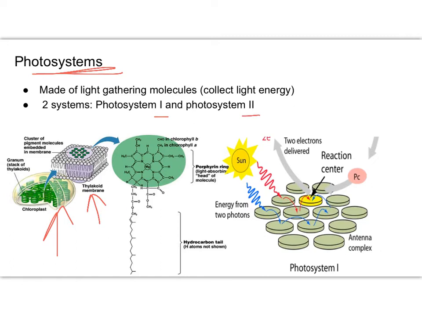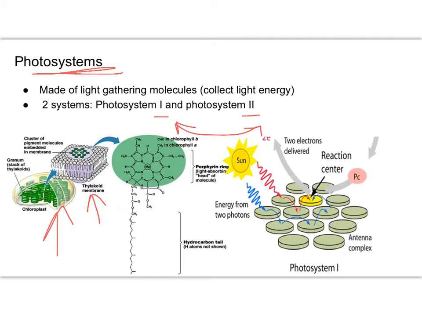And unfortunately, they're backwards in their order. They are named for the order in which they were discovered. So photosystem 1 was discovered first, and then photosystem 2. However, unfortunately, photosystem 2 is the one that the light hits first, and then the energy is transferred to photosystem 1. So they actually work in the reverse order.